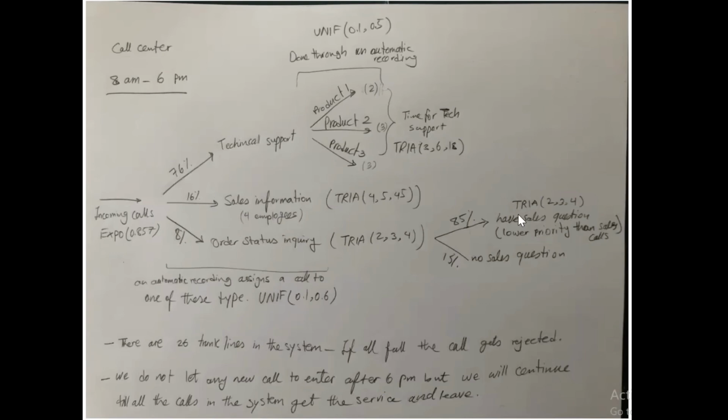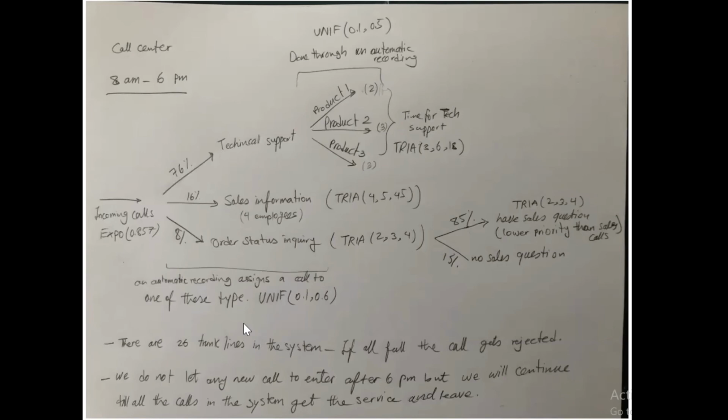So we want to learn how to capture the priorities of these entities that need the same resource. They need to talk to salespeople. However, sales calls have higher priority than order status calls that later have some sales question.